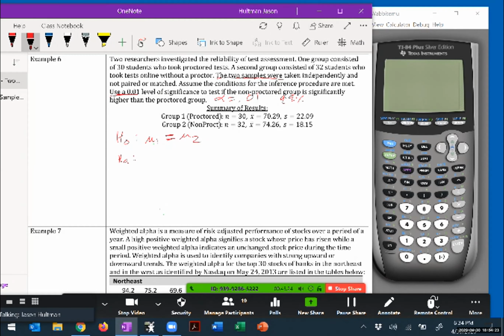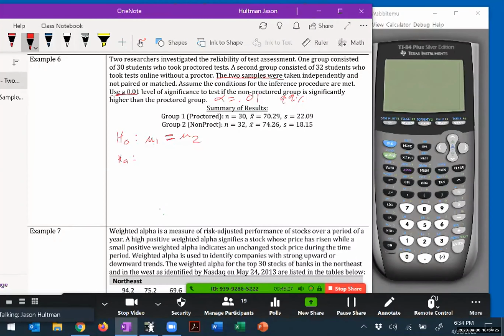So mu1 is equal to mu2. And then we want to know if the non-proctored group is significantly higher. Which is the non-proctored group? That's group 2, so we could write this as mu2 greater than mu1.